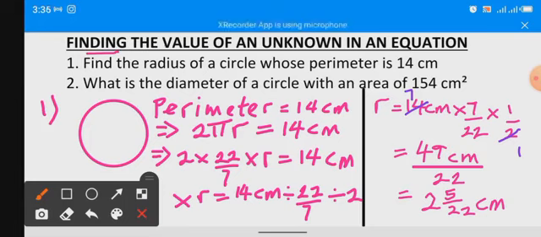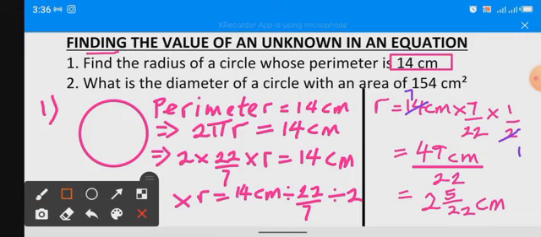In this question you are looking for the radius. Most pupils made use of 14 centimeters as radius. This 14 centimeters here does not stand for radius, it stands for perimeter.